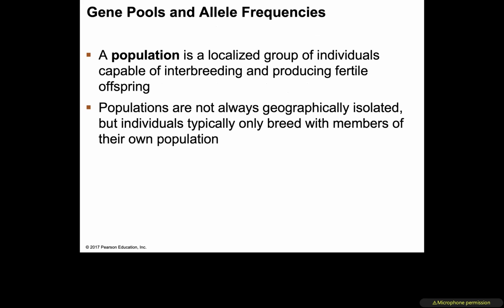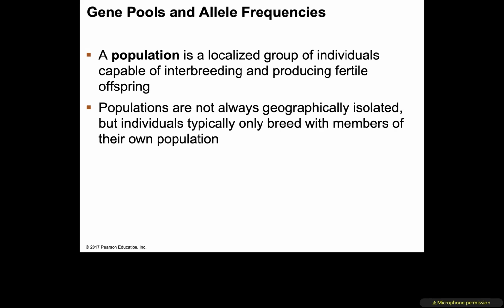A population is a localized group of individuals capable of interbreeding and producing fertile offspring. To be specific, it doesn't say it here, but when we talk about localized individuals, we're talking about individuals of the same species in the same area, and they can interbreed, okay?